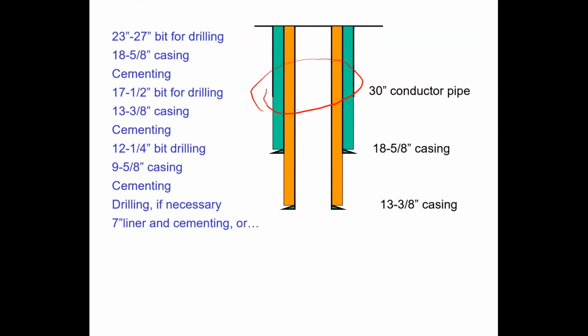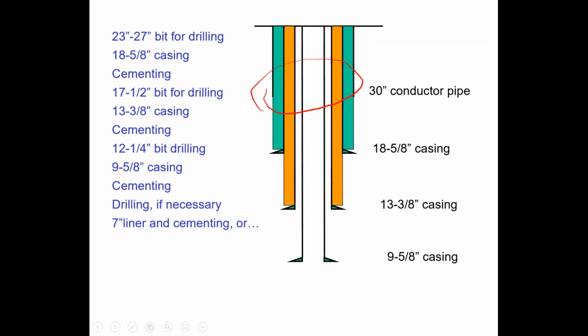This will end up normally at the top of the reservoir. So this is aquifer. This is high pressure or low pressure water, but it's not aquifer. And this is the top of the reservoir normally.